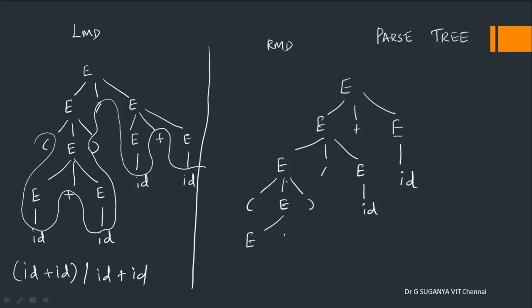So again this has to be elaborated to e plus e, and finally this will become id plus id. Again the same procedure, the leftmost node, left bracket followed by id plus id, right bracket slash id plus id. Yeah, this is the word that is generated by this rightmost derivation or the parse tree.